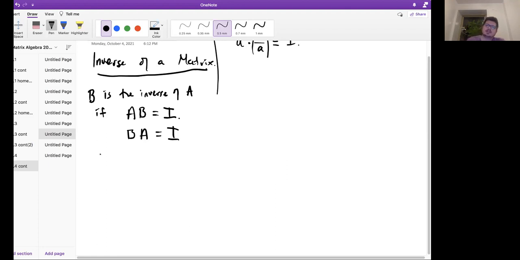Let's say A is m by n, and if I multiply it by B, we get I. What dimension must B be if I want to multiply A on the left?